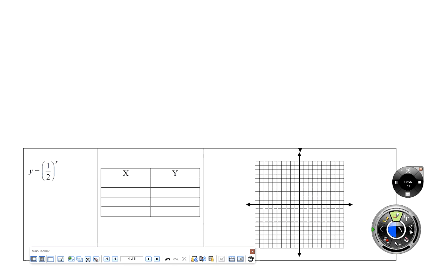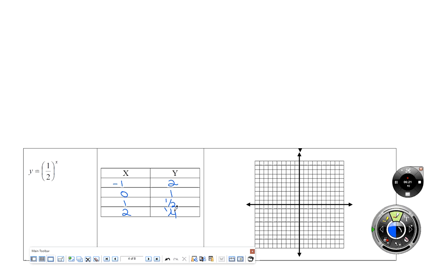Okay, so the last one was 1/2, and we saw with logarithms that when you used 1/2, because the base was smaller than 1, the shape was still the same, but possibly turned a different direction. And so you kind of see that same thing happen here with exponential functions. So we can still plug in the same points. Okay? But 1/2 to the negative 1 power is 2. Then we would get 1, 1/2, and 1/4.